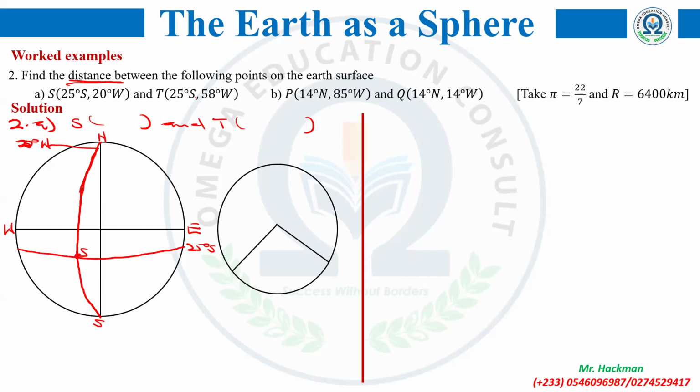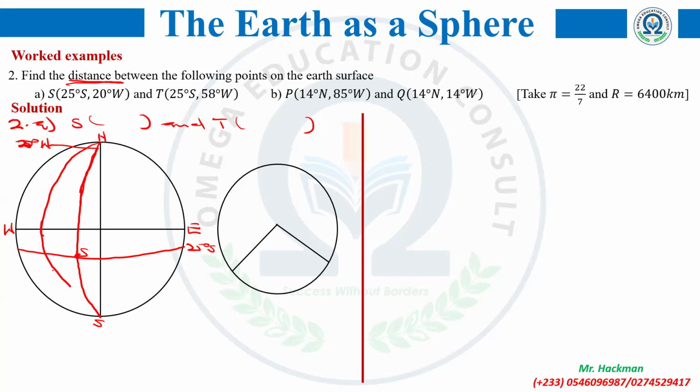Yes, please. Now we are left with our second point, 25 degrees south. We already have it. So let's go to the other one, 58 degrees west. So that one will also be here, a bit away from that. So that is the 58. Please take note.